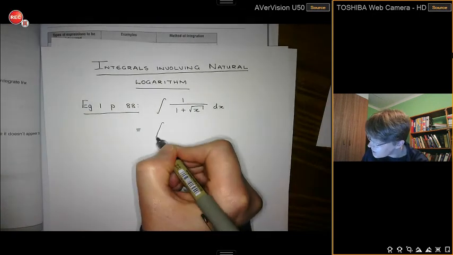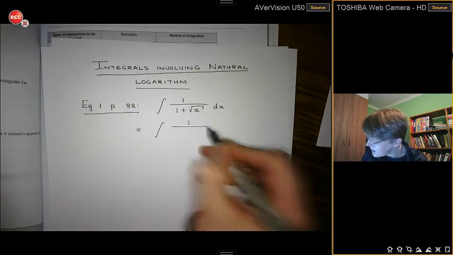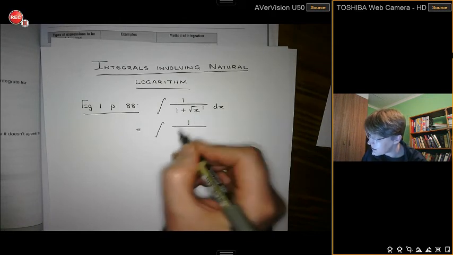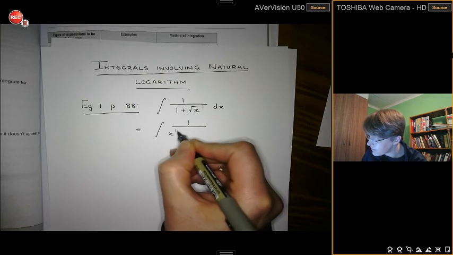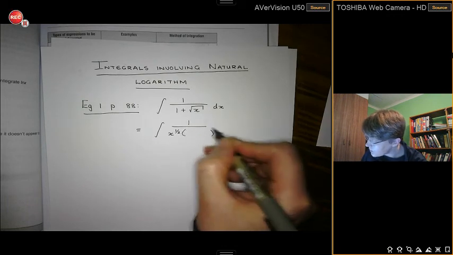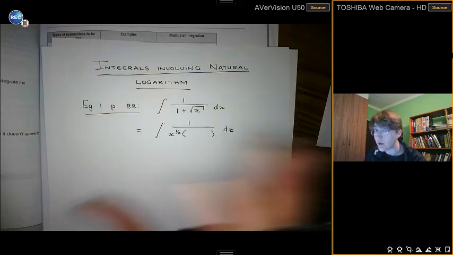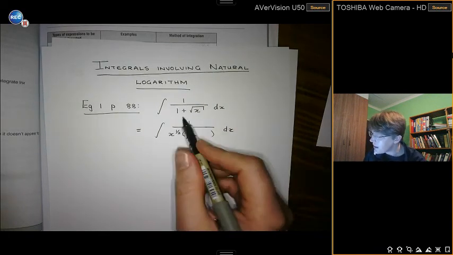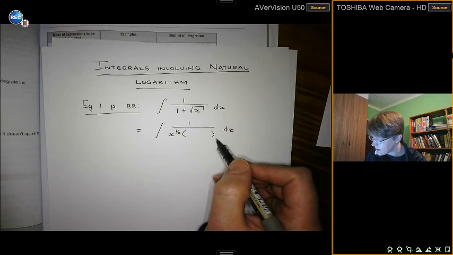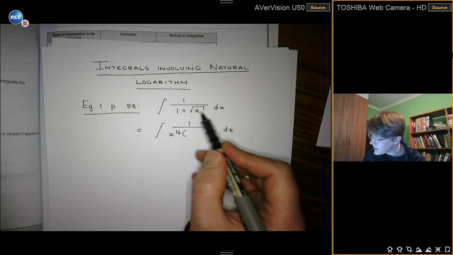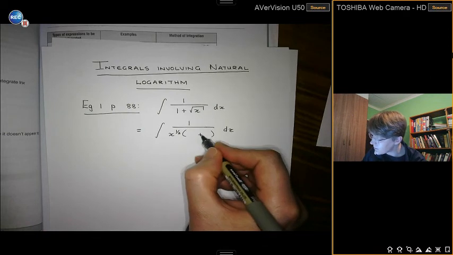So what I'm going to do to manipulate it is I'm actually going to take out the square root of x as a common factor here at the bottom, or x to the power of a half. Now I know, and I'm fully aware of it, that it's not a common factor. But I'm going to manipulate it in such a way that it is. Meaning, if I have x to the power of a half as a common factor, over here I'm going to have plus 1.